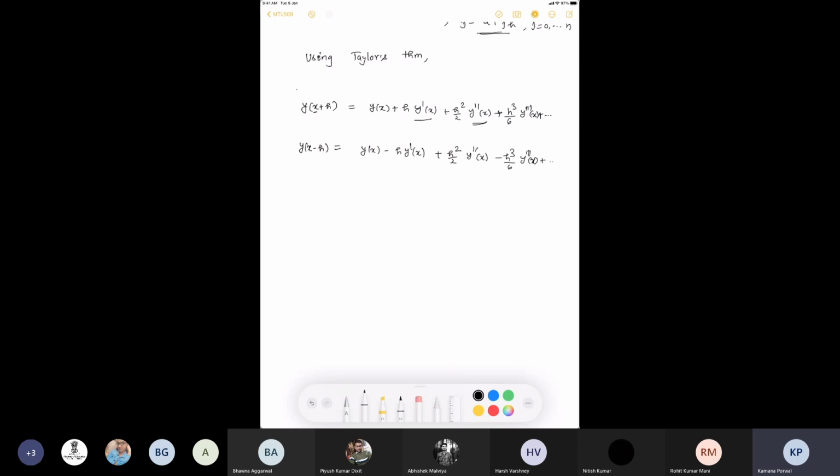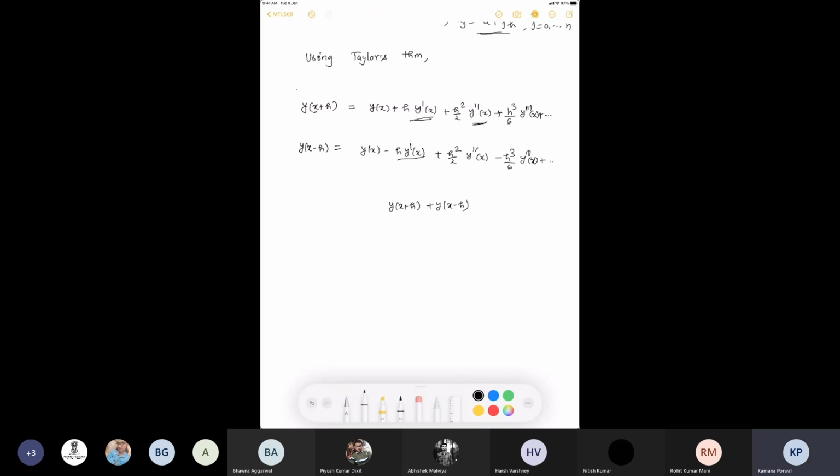So the first thing I want to see is the approximation of y double prime, which I can get from here. If I add y of x plus h and y of x minus h, you will see the cancellation of the first derivative term.